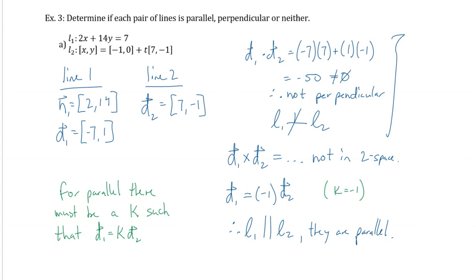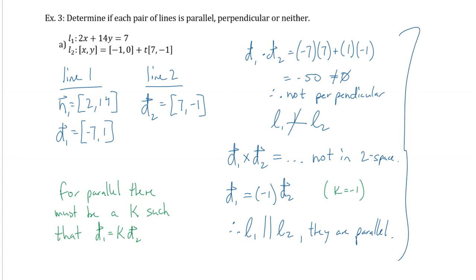We don't tend to ask that, but it could say show that the following are not perpendicular, and in that case, it's asking you to use the dot product. But for a question like this, if you already know by inspection which one it is, you could just go straight to that one. You don't have to do both.